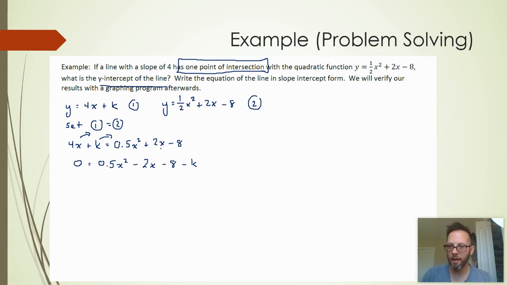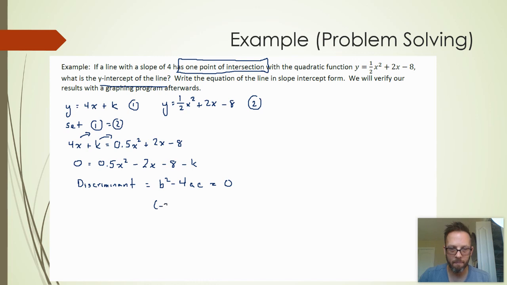When you have a quadratic equation, maybe you're using the quadratic formula, what happens to the discriminant when there's one solution? This is the key to the whole question. Because there's one point of intersection, the discriminant, which is b squared minus 4ac, is going to equal 0.